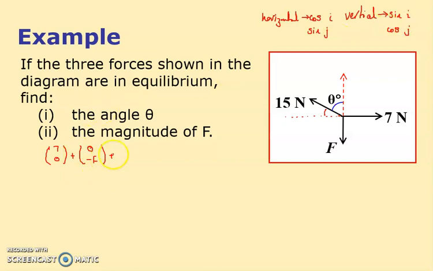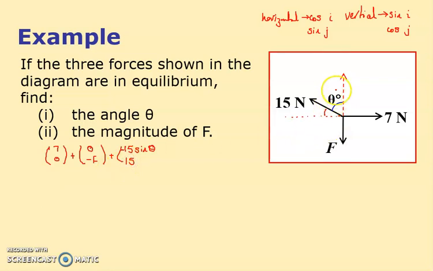And so in this case, because they've given me theta to the vertical, I'm going to write 15. I want to write cos, but it's the wrong angle, so I have to write sine. Yes, that's right. And notice also, actually, I nearly missed this. It's going left, so I need a minus in there. And going up and down, it is going up, so it's going to be 15.